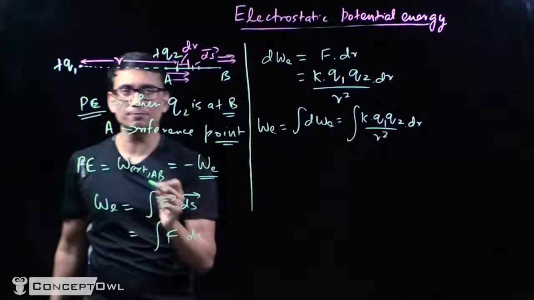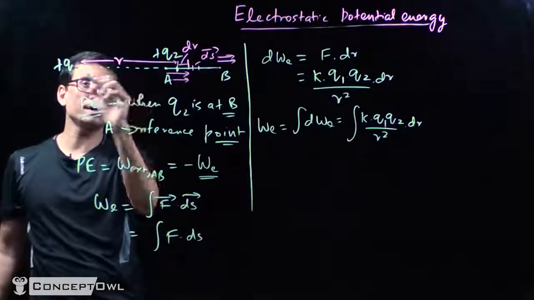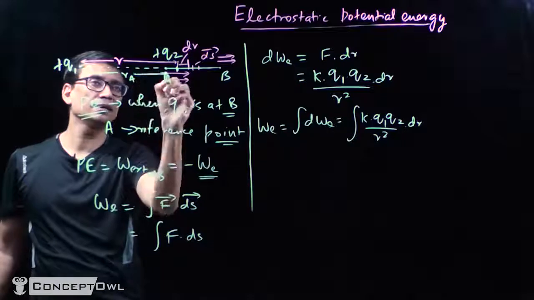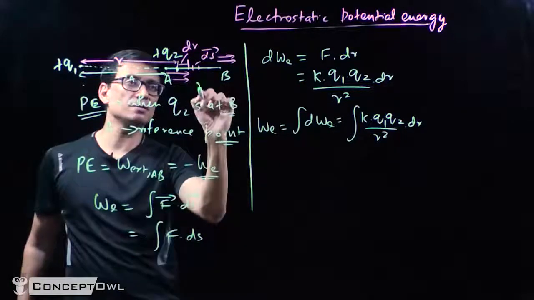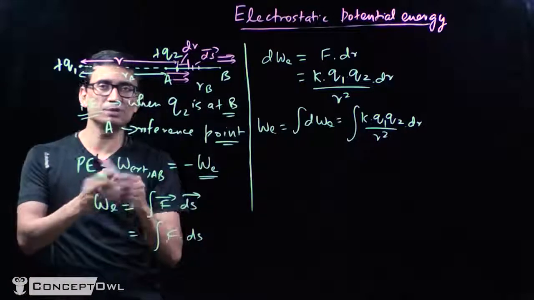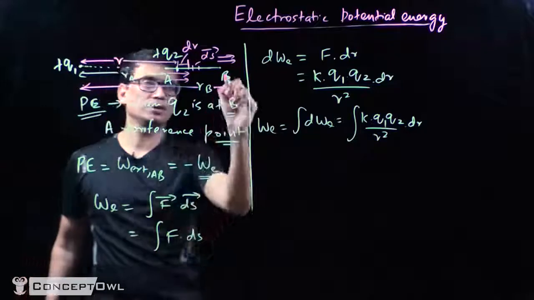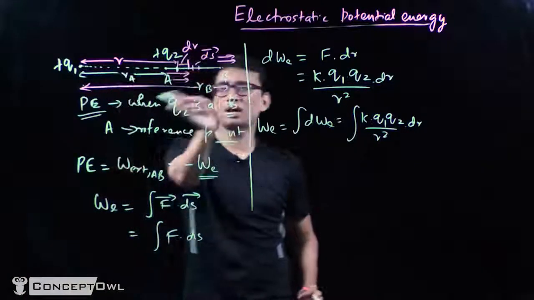I'm calling this initial distance r_A, and by the same token, this total distance from here to here I'll call r_B, up to this point. So this is my r_A, and this is my r_B.